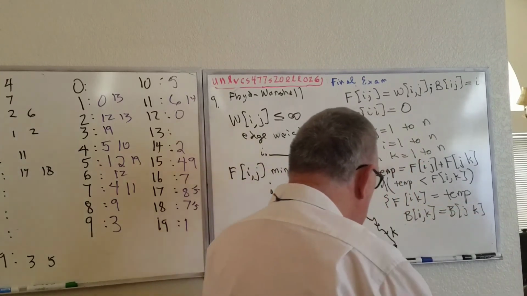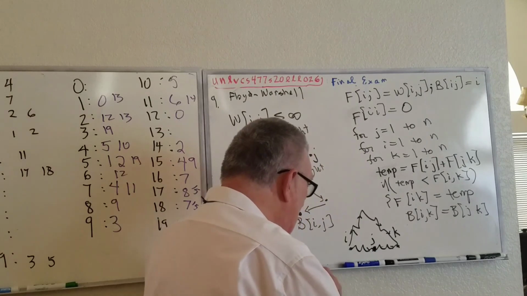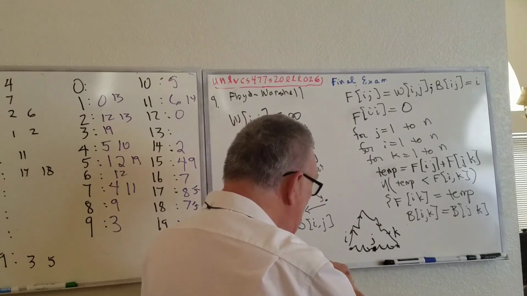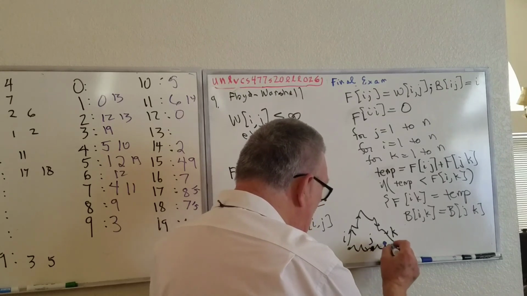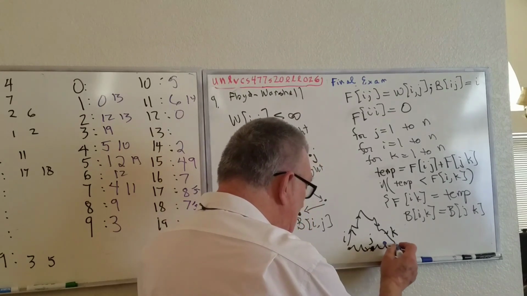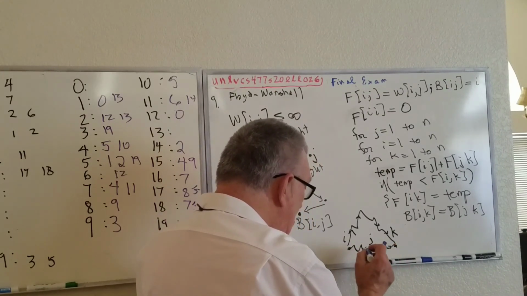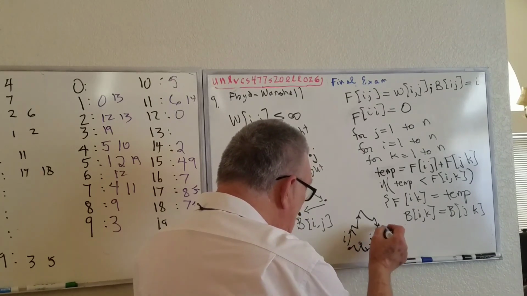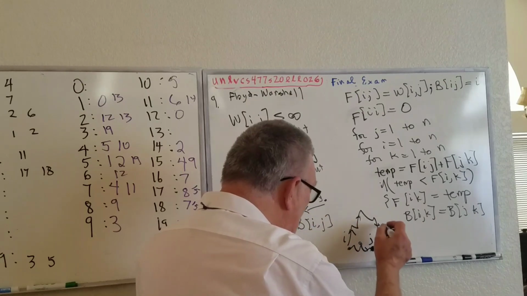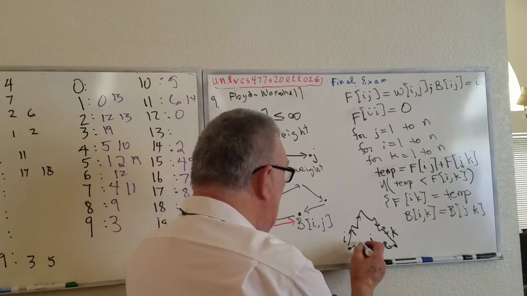All right, let me briefly explain why. We're interested in the back pointer. Now, there could already exist a back pointer here, a back pointer jk, and a back pointer ij, and there was already a back pointer from i to k.